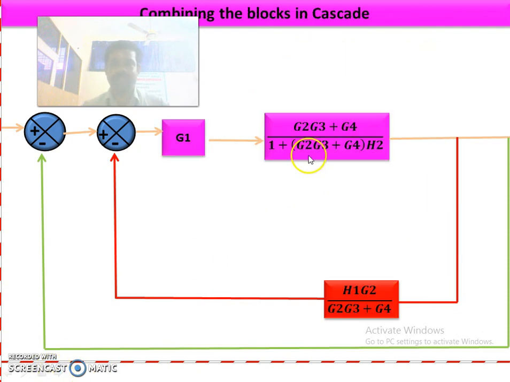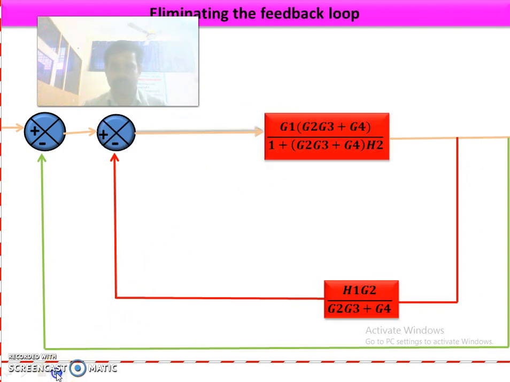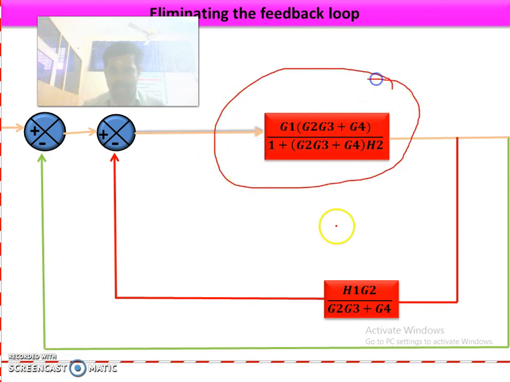So after eliminating the feedback loop, we are getting these two blocks in cascade. So these two can be combined into one block. So after that, you are getting another feedback loop. This block and this feedback path and this summing point.